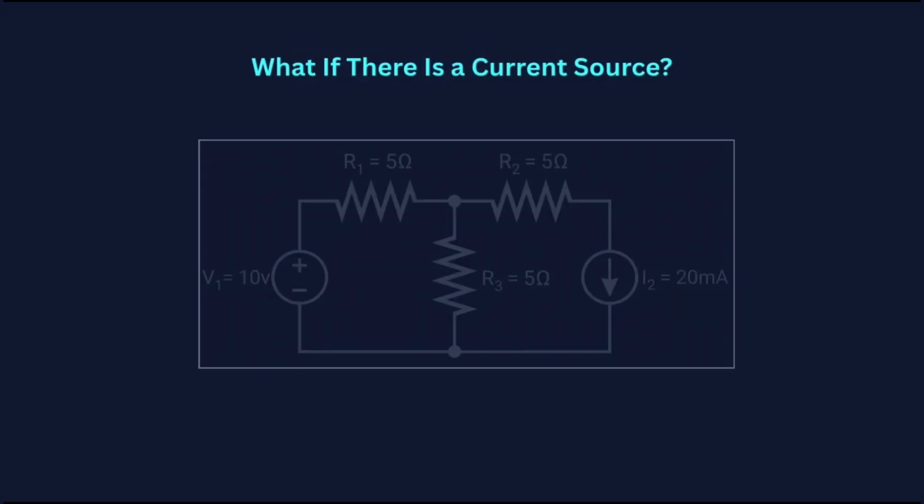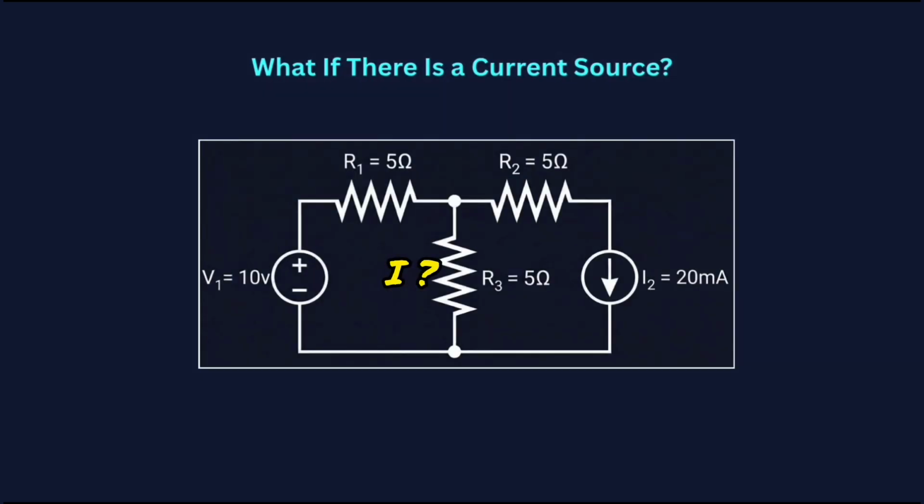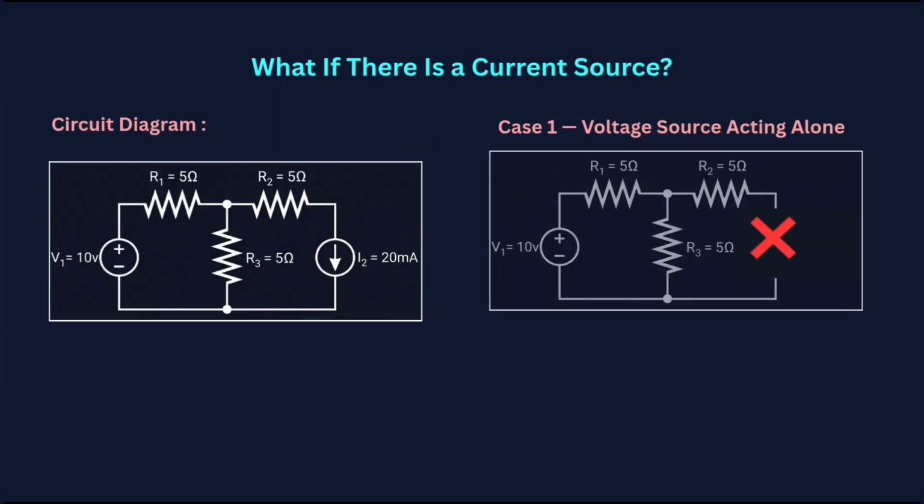What if there is a current source? Now consider a circuit containing a voltage source and a current source. That is V1 equal to 10 volt and we have I2 equal to 20 milliamperes. The same superposition principle applies here. Voltage source acting alone in case 1. That is, we need to keep V1 active, deactivate the current source.